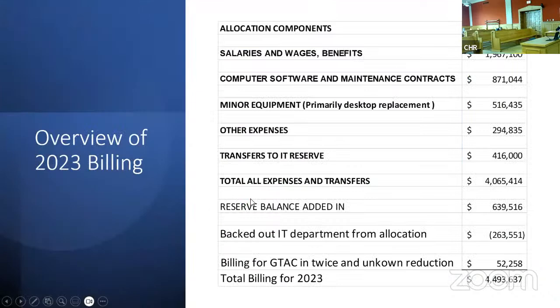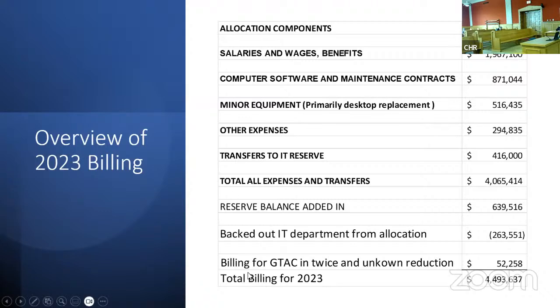These were funds put into reserve based on our replacement schedule. The GTACs are once every 5 years, I believe, and there was a board decision to allocate about 71,000 per year.